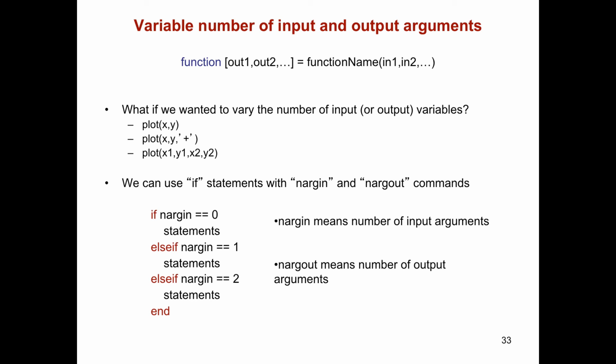If number of arguments is 1, do something else, and so forth. So this is basically the structure of the code for an overloaded function that can accept multiple numbers of inputs. So it can have a function that takes 0, 1, 2 inputs, and so forth. This is useful when you don't want to change the function name just because of a different number of arguments.